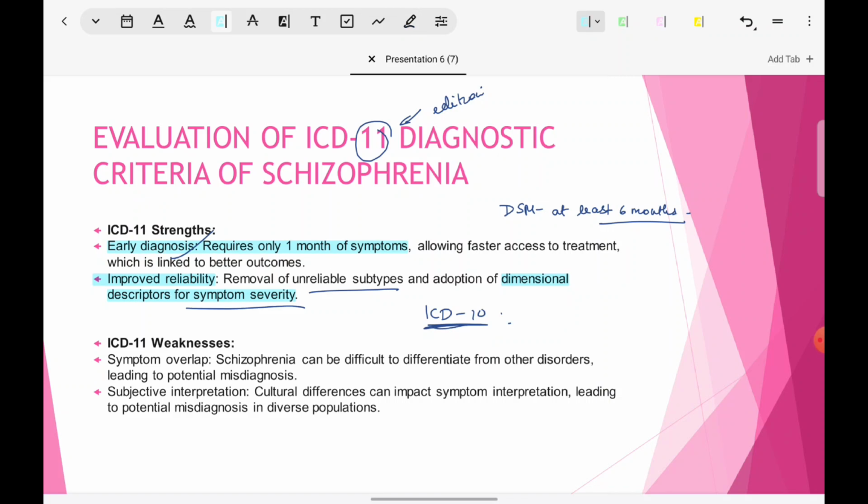Coming to some weaknesses of the ICD, one is the symptoms given for schizophrenia tend to overlap with other disorders. For example, some of the negative symptoms that we have seen, such as lack of motivation or not wanting to interact with others, that is lack of social behavior, asociality. Such symptoms are found even in a disorder which is called depression, which we see in the next unit.